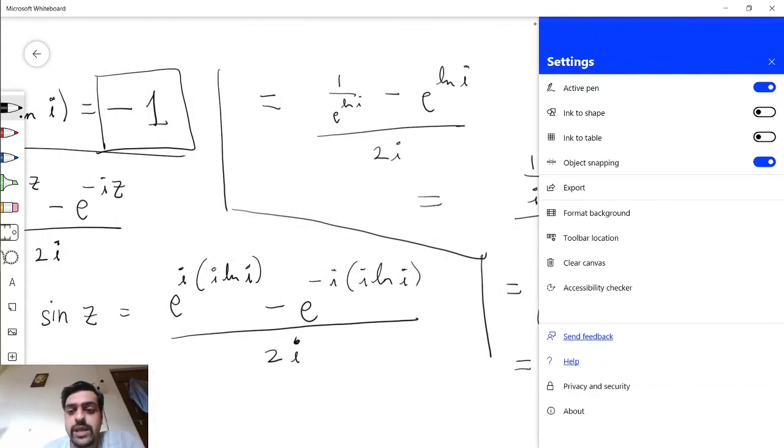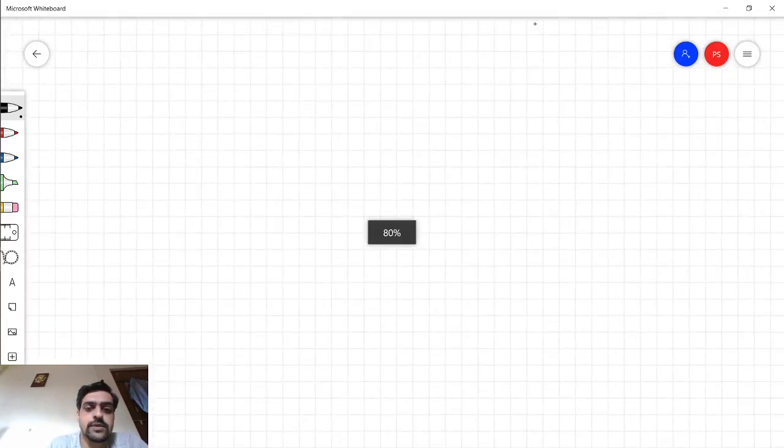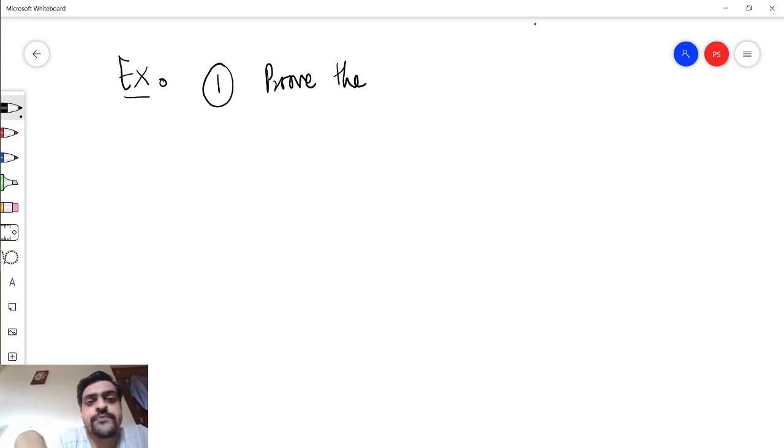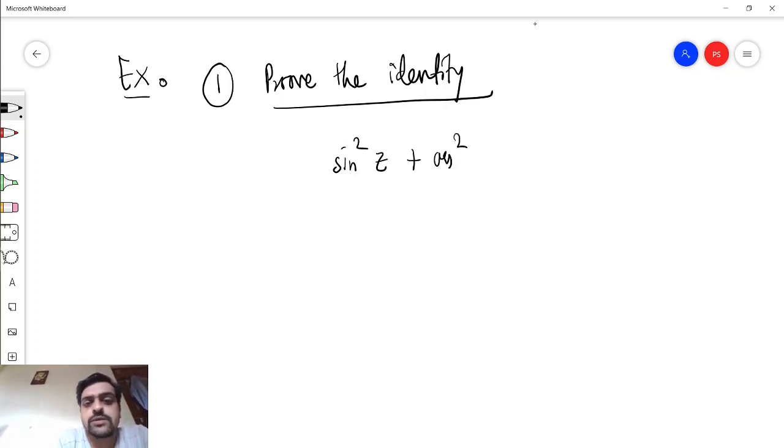So let me clear the canvas again. Now, as a part of exercise, we should try solving these two examples. So first of them will be to prove this identity: sine squared z plus cos squared z will be 1.